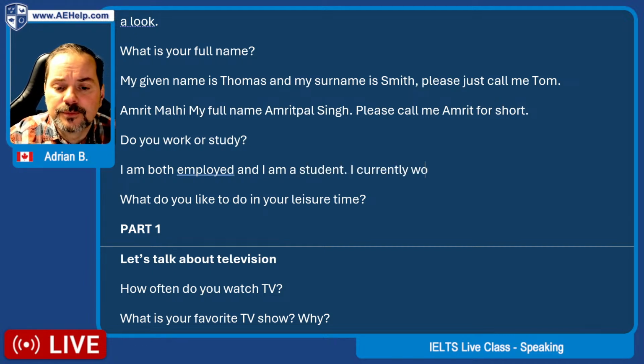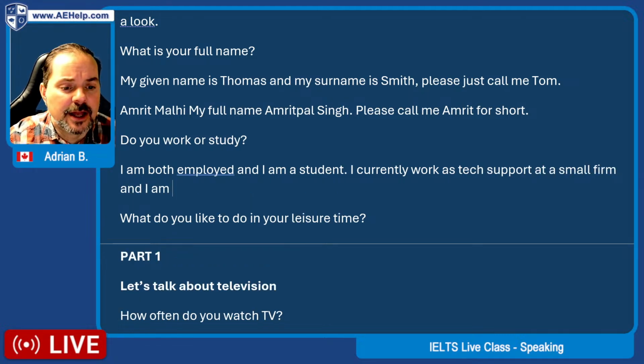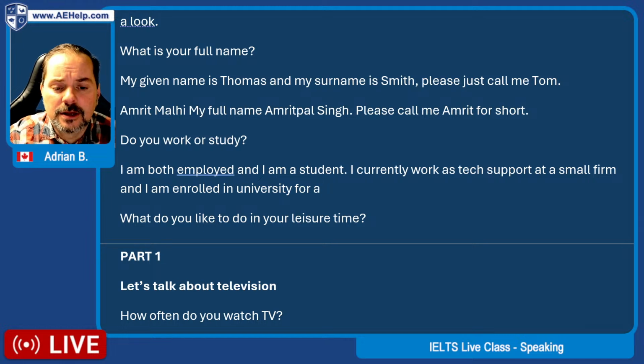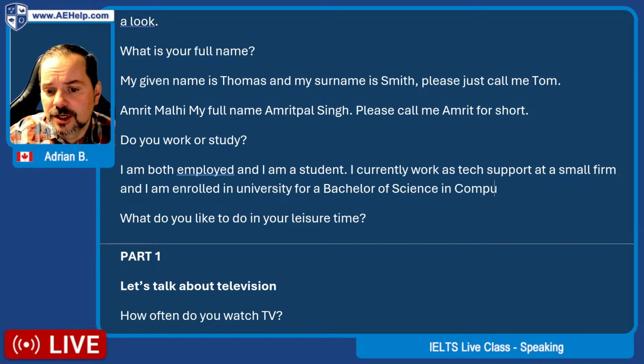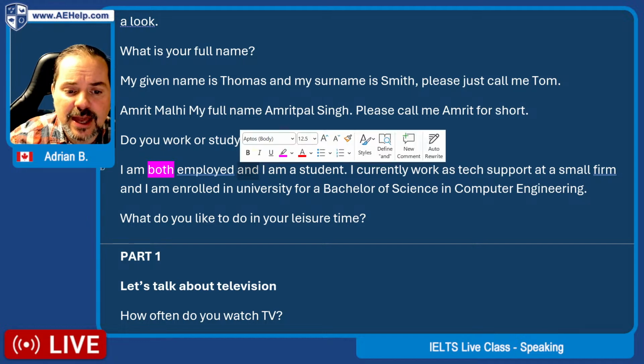I currently work as tech support at a small firm, and I am enrolled in university for a Bachelor of Science in Computer Engineering." Okay, so again, nice full sentence answer. Look at this correlative conjunction. These are those paired conjunctions, "both... and."